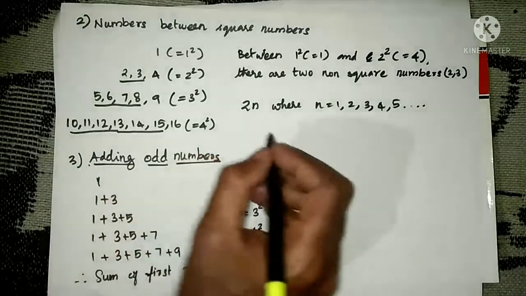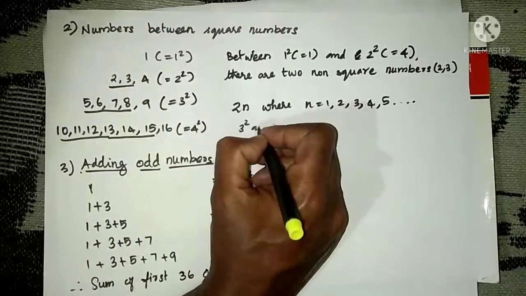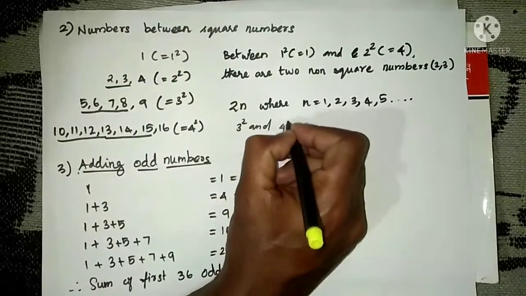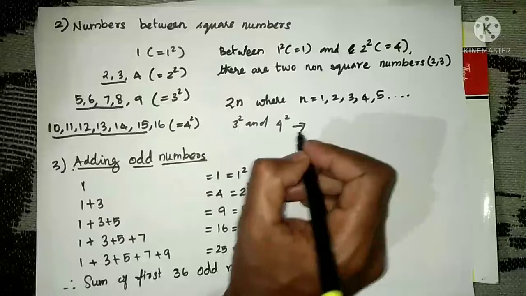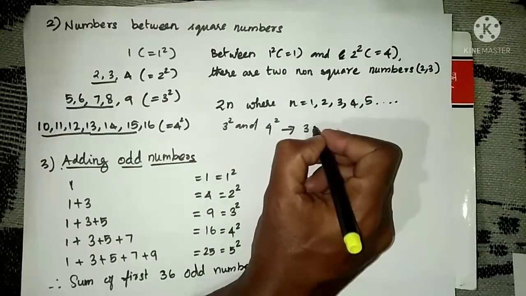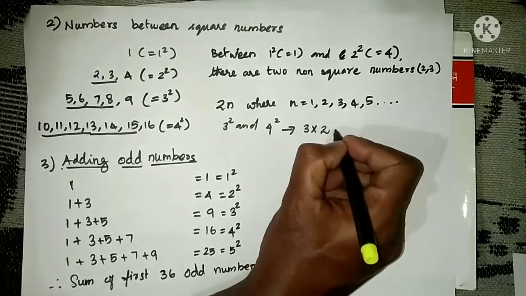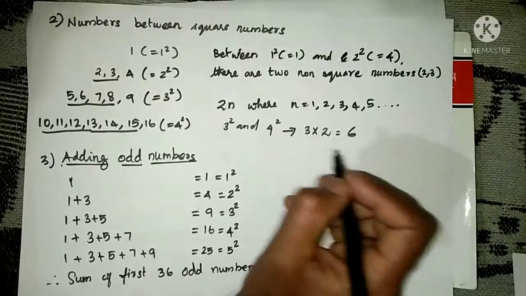How do we find? Means the smaller number, that is 3, into 2, that we have 6.